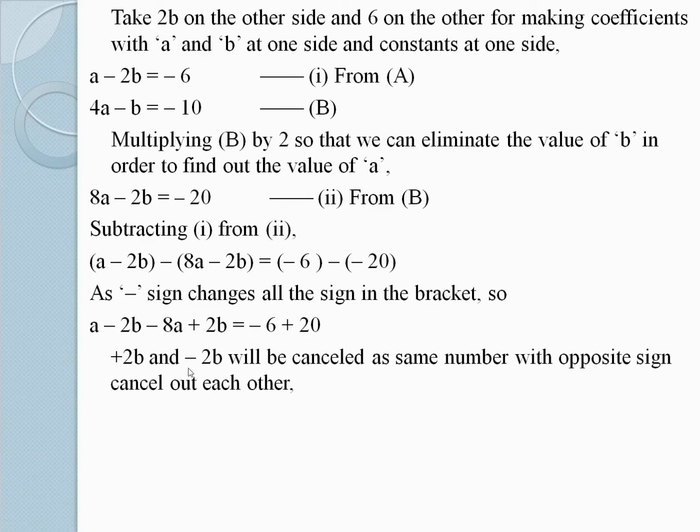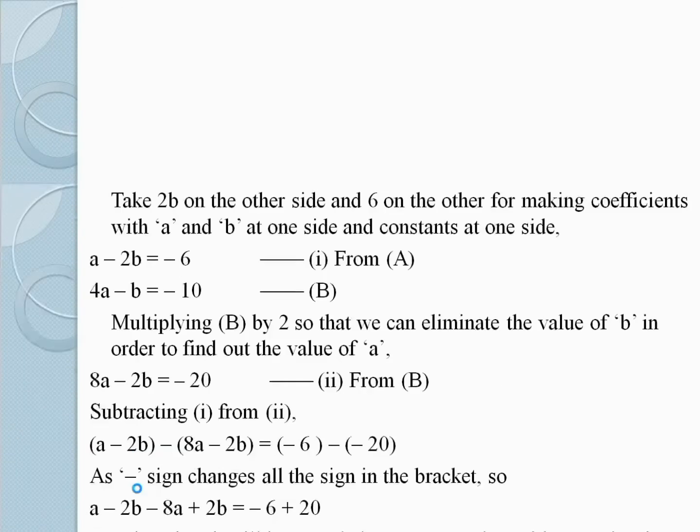Plus 2b and minus 2b will be cancelled, as the same number with opposite sign cancel out each other. Minus 7a equal 14. a equal 14 over minus 7. a equal minus 2.